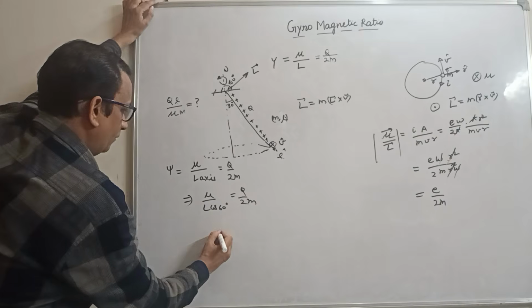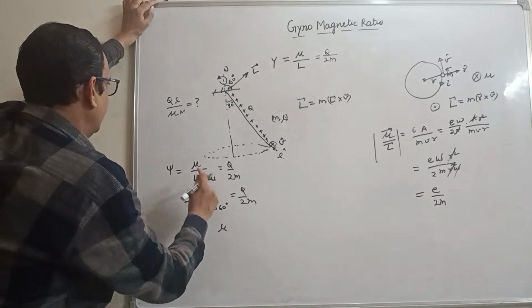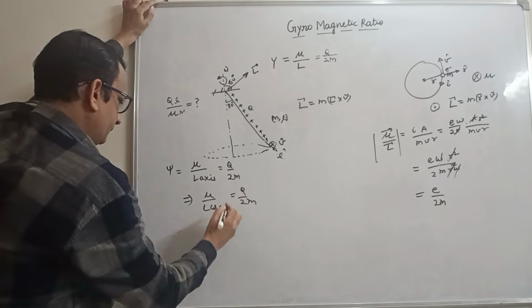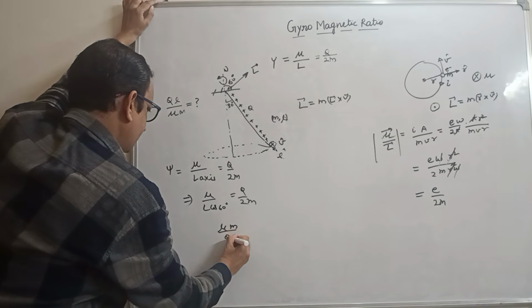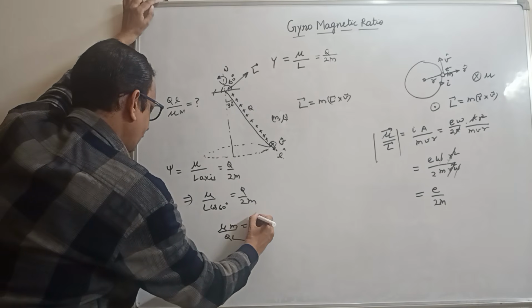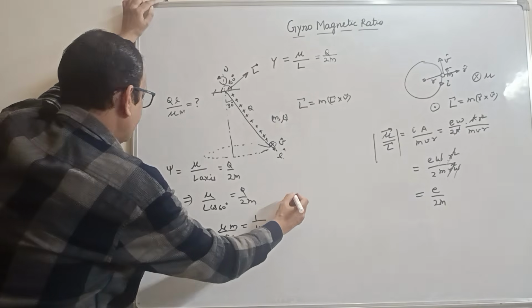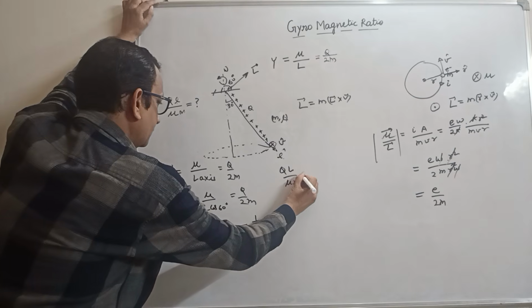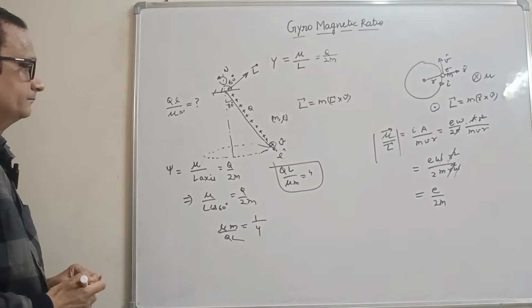Easily calculating, mu m by QL becomes cos 60. So QL by mu m would be 4. This is the answer.